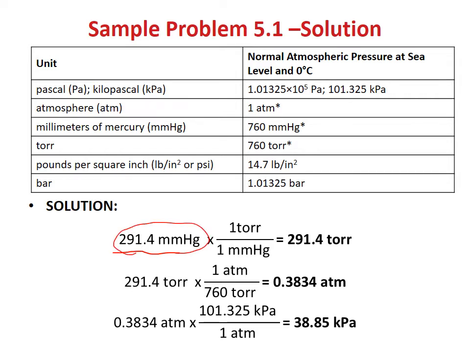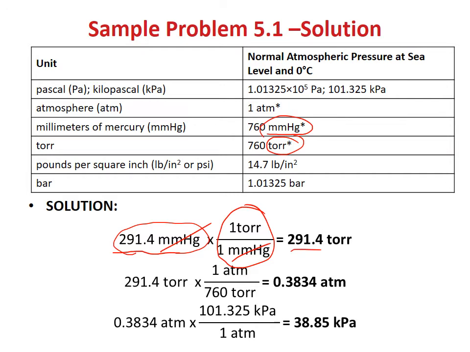To convert millimeter mercury height to torr, we look at the table and find they are equivalent. So 1 torr equals 1 millimeter mercury height. So we write the conversion factor 1 torr per 1 millimeter mercury height, and that gives you 291.4 torr.